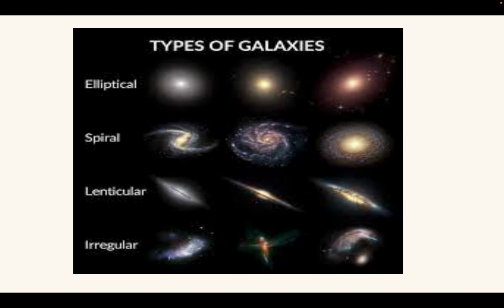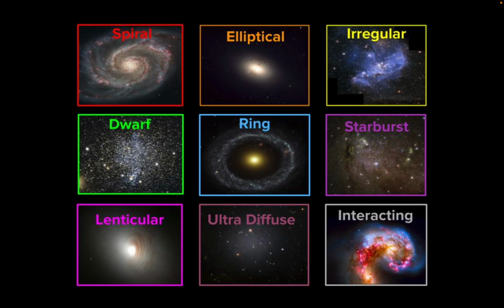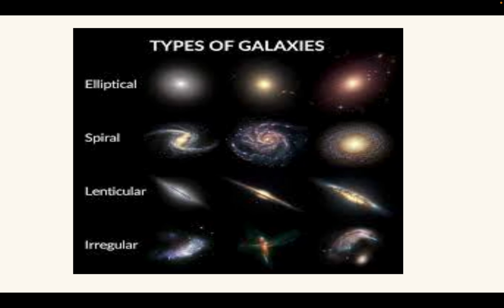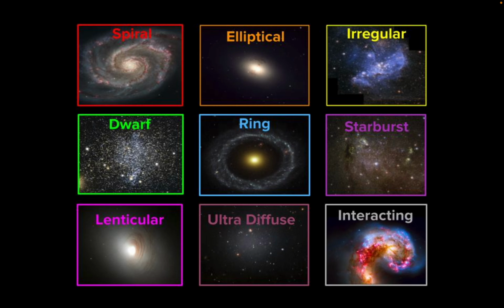For the irregular galaxy, you will also see a very high amount of star formation, and lenticulars are in between elliptical and spiral in star formation.